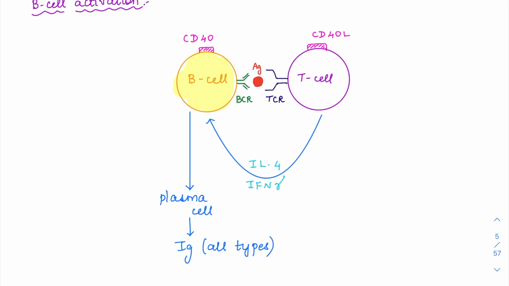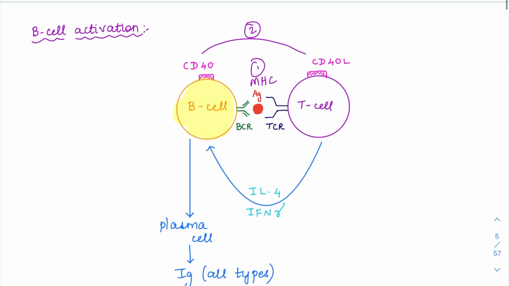So with MHC, there is going to be interaction between the MHC molecule and the T cell receptor, and then also an interaction between CD40 and CD40 ligand. This is the first interaction. This is the second interaction. Also, there is going to be a third interaction, which is CD80/86 present on the B cell interacting with the CD28 present on the T cell. This is the third interaction.